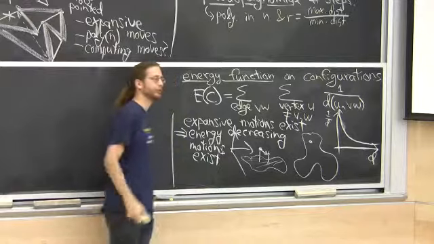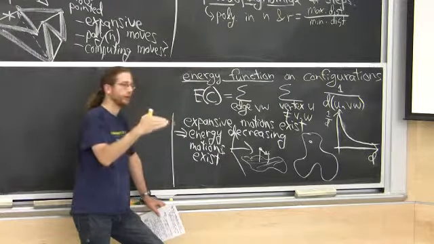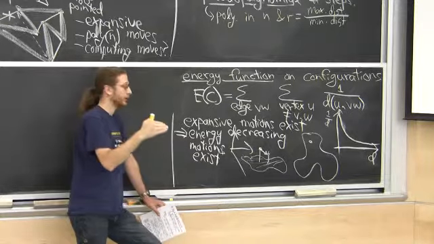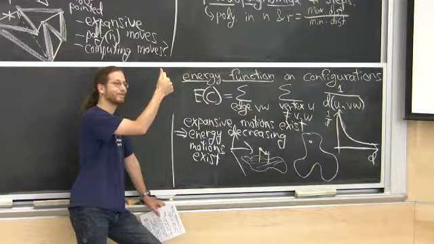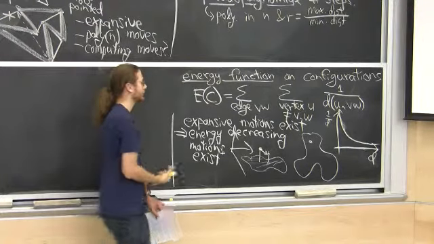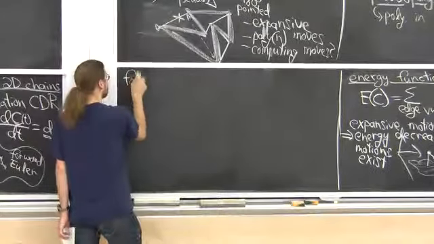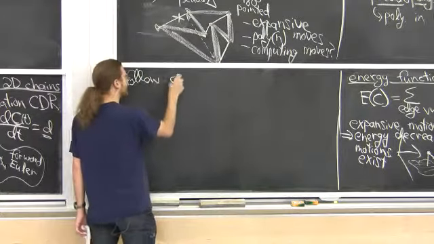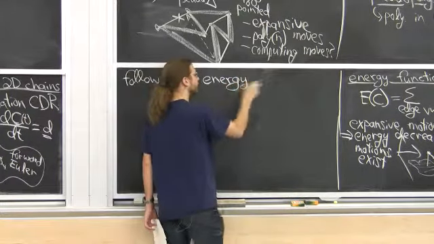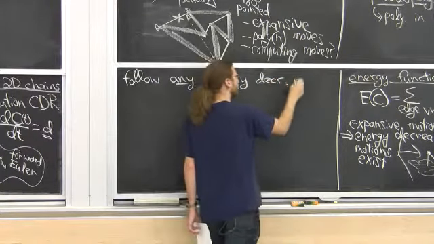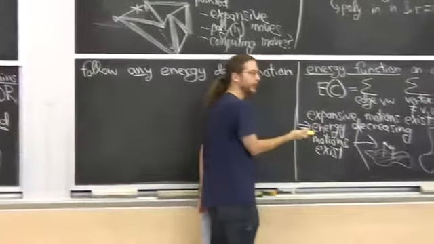Now, energy decreasing feels like a good thing, because I start somewhere. It has some energy, not infinity. If I decrease the energy, it's really hard for my energy to go to plus infinity. It can't happen. So all I need to do is follow any energy decreasing motion. It might be an expansive one, but probably not.